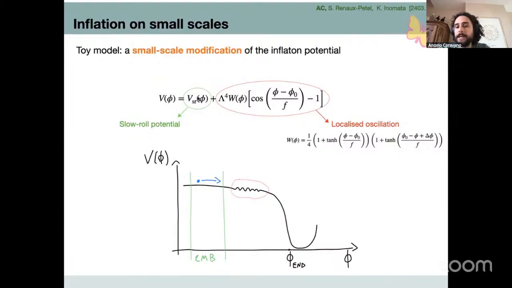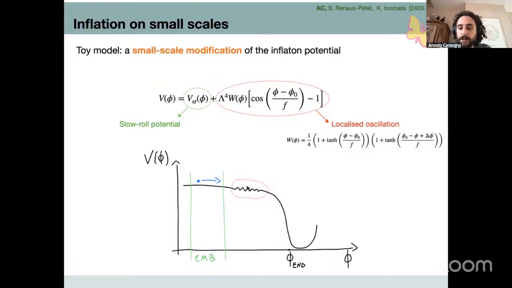We basically assume, just as an exercise and to try to understand what's going on, that the potential is the sum of the usual slow roll potential plus some modification. And this modification, we have it on small scales in a way that it's away from the dynamics that pertains to the CMB modes. So here there's a window function that localizes this oscillation. This is just a window function that puts this oscillation where we want.